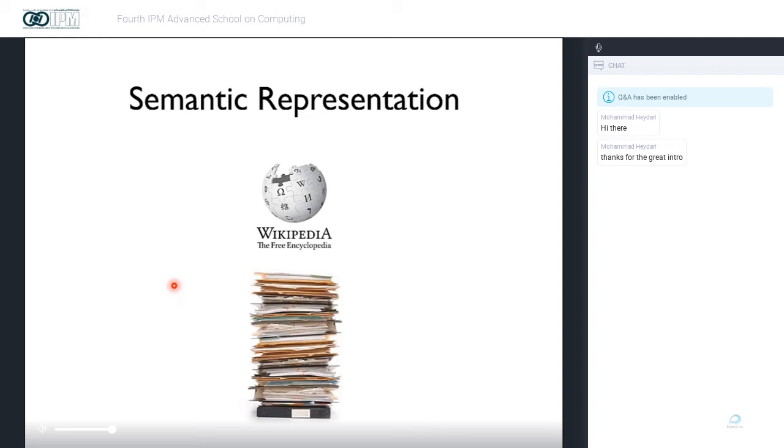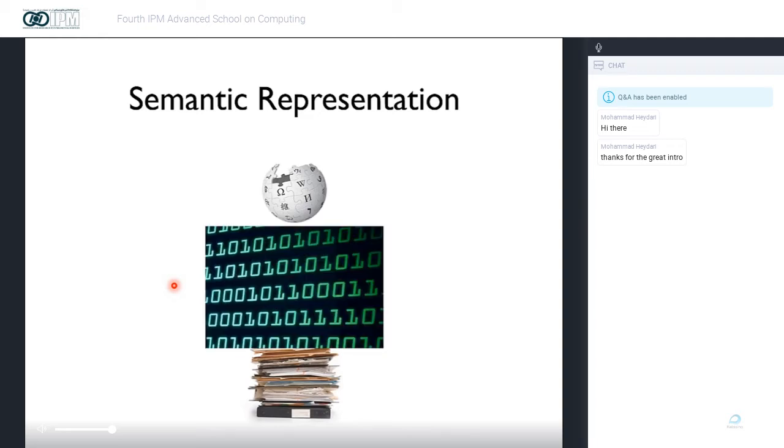The computer will have no idea how to answer that. It will have no idea what the question means, because all it is storing is a set of zeros and ones that are not interpretable, not understandable by the computer.